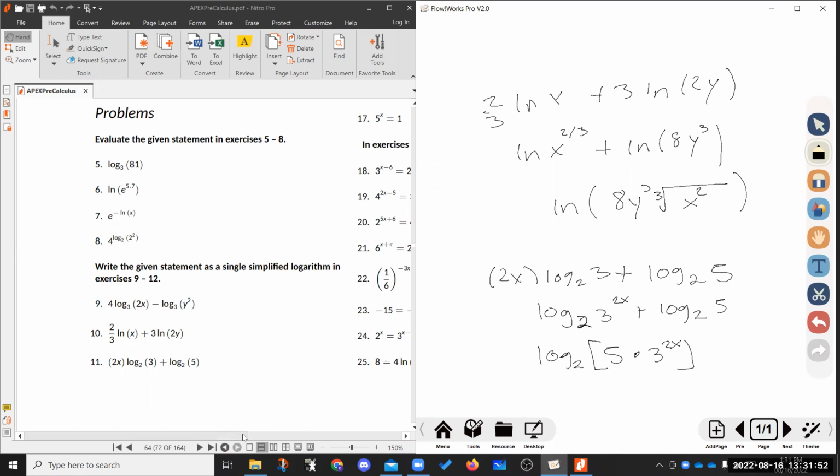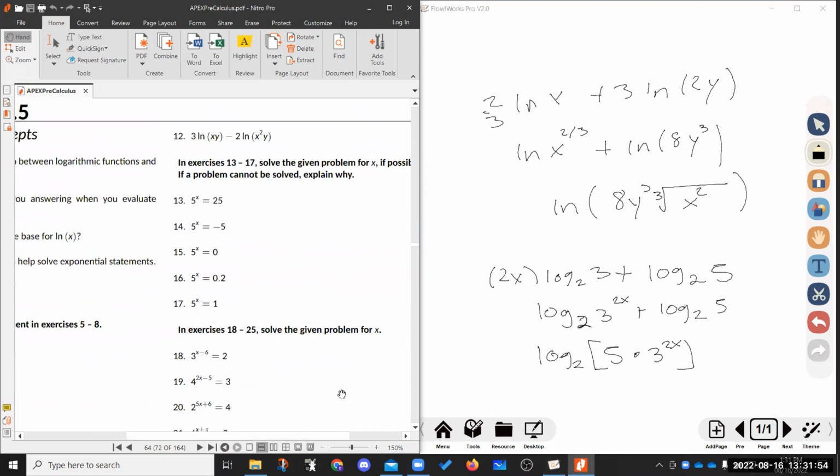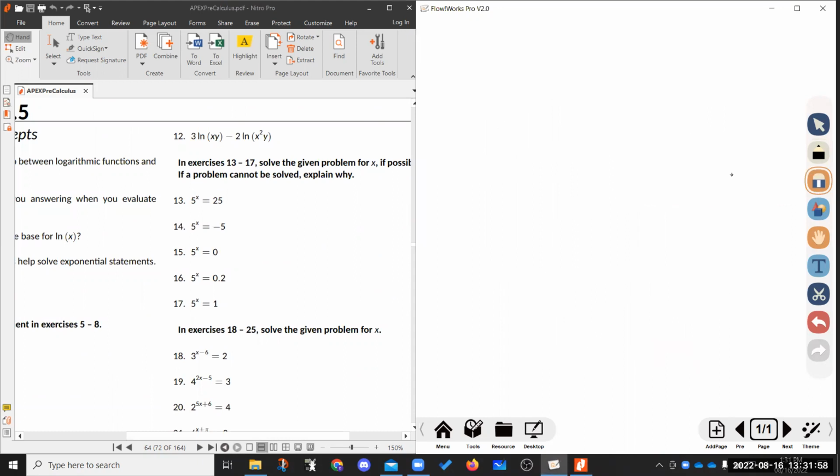Let's move on now to number 12. Number 12 asks us 3 ln of xy minus 2 ln of x squared y. I might actually want to expand this first before condensing.